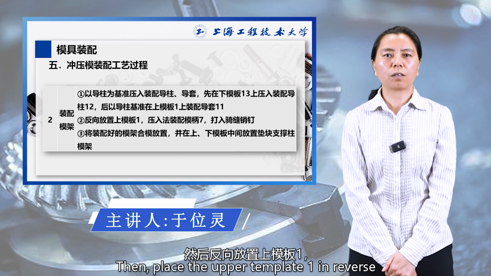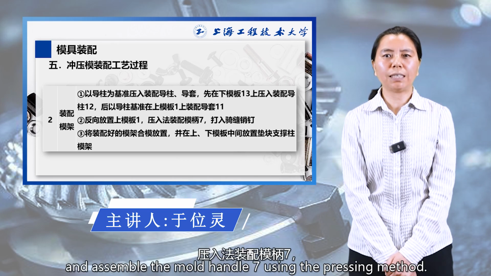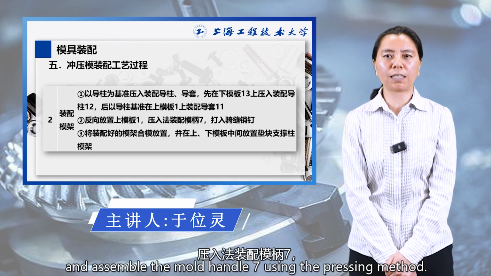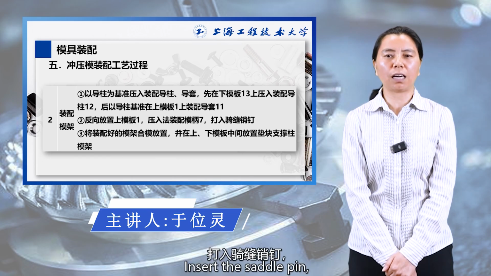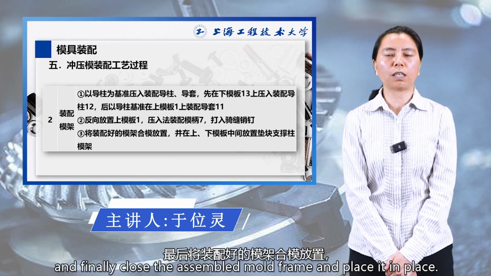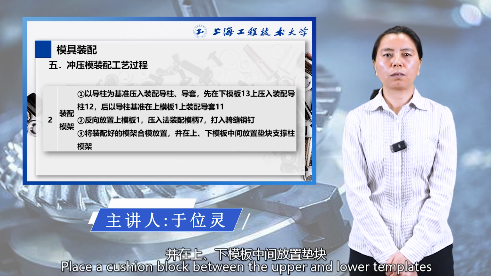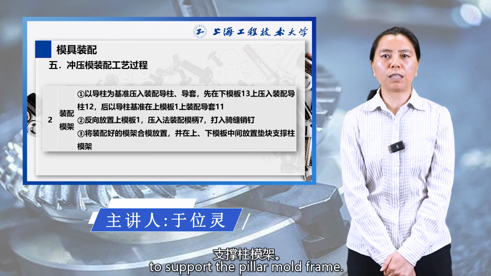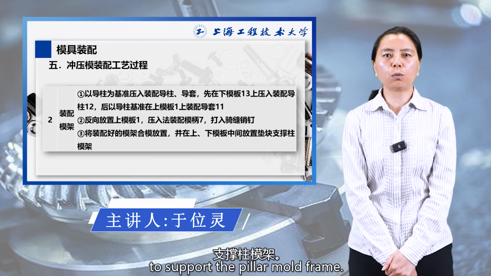Then, place the upper template 1 in reverse and assemble the mold handle 7 using the pressing method. Insert the pin, and finally close the assembled mold frame and place it in place. Place a cushion block between the upper and lower templates to support the mold frame.